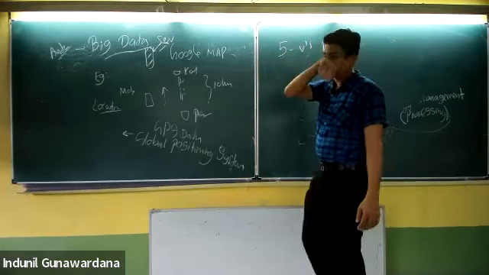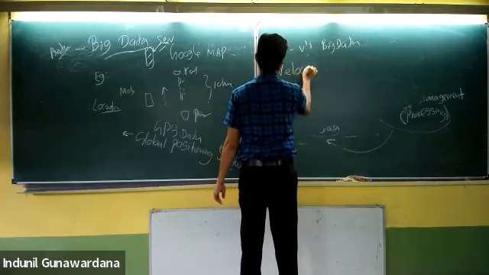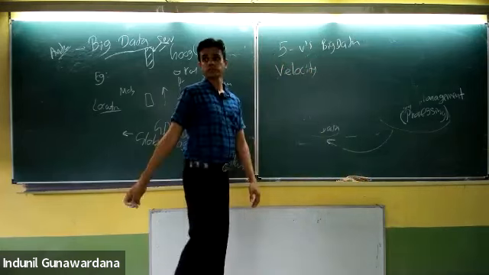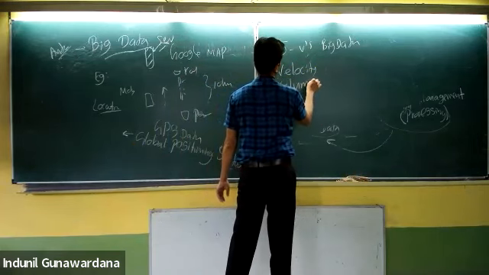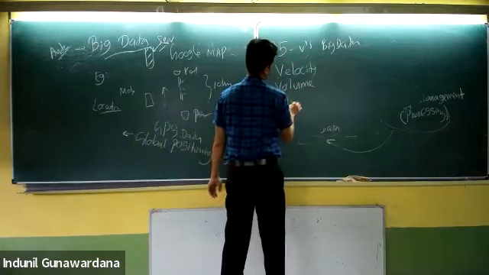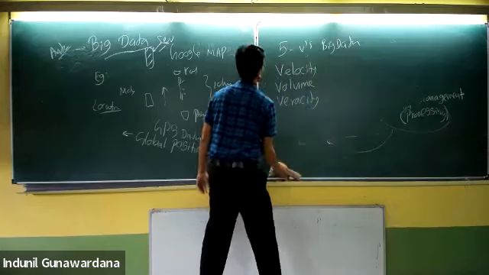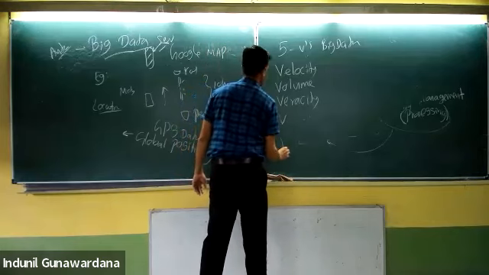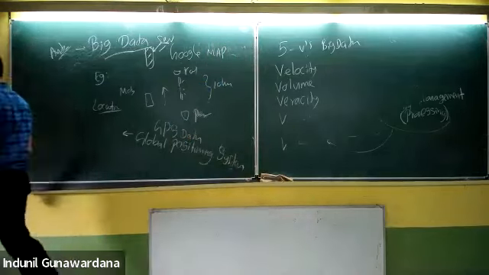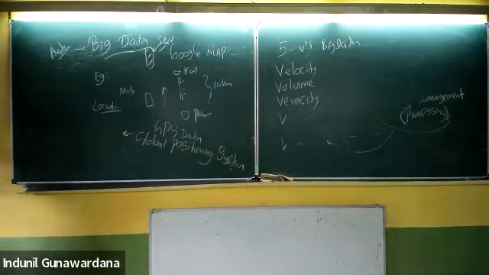One is velocity, another is volume, veracity, and 2 more V's: volume, velocity, veracity, variety, and value.